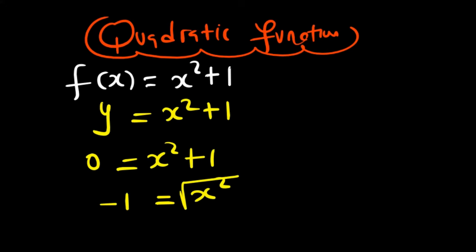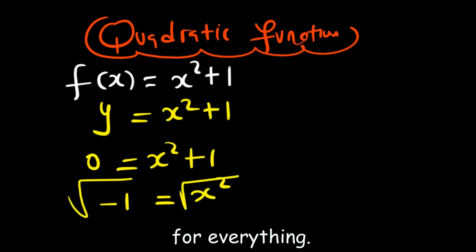Then if I square root on both sides, look at what I have. I'm having a negative answer as a square root, and you don't want to have a square root with a negative number in there, okay? So because of that, the range is going to exist for everything.